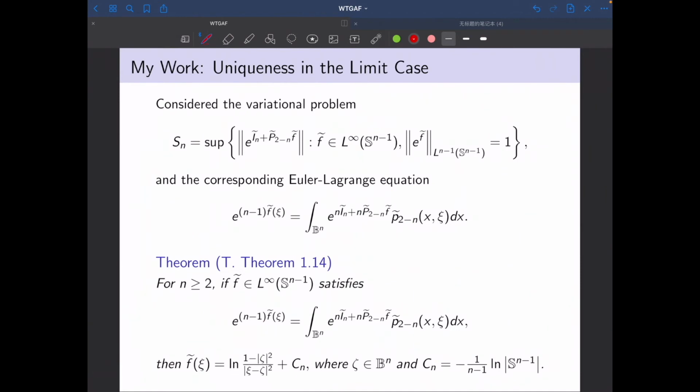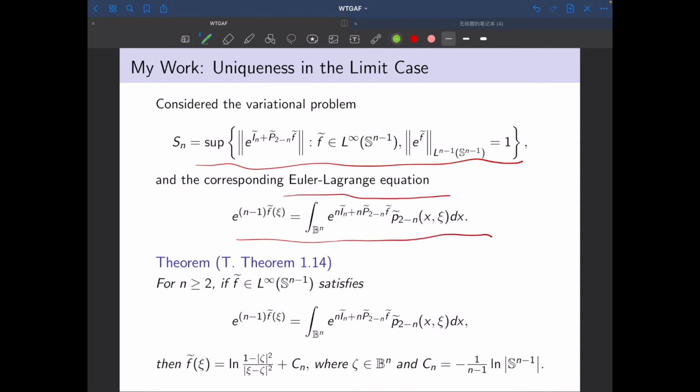Using the inductive relation about the function I_n tilde, and also the information I obtained from the inductive relation, I can prove uniqueness of the limit case inequality. I considered the variational problem, and then get the corresponding Euler-Lagrange equation looking like this.